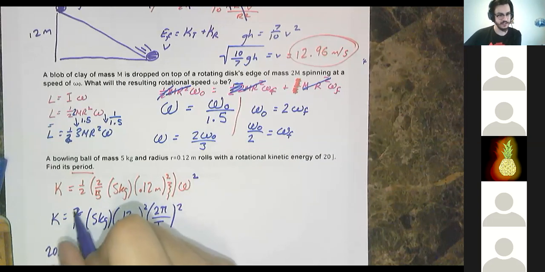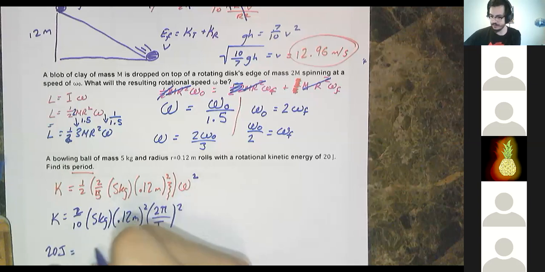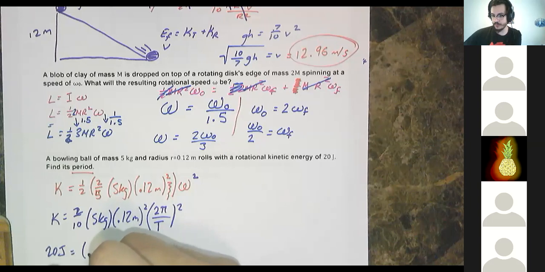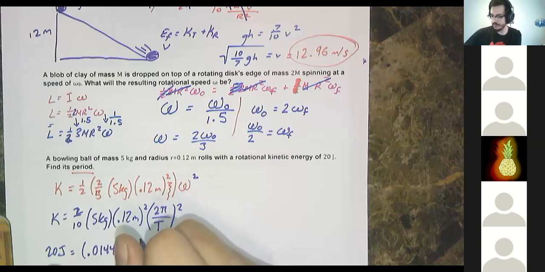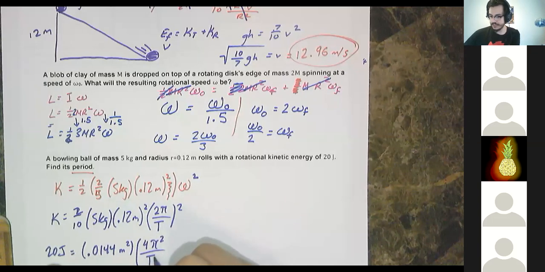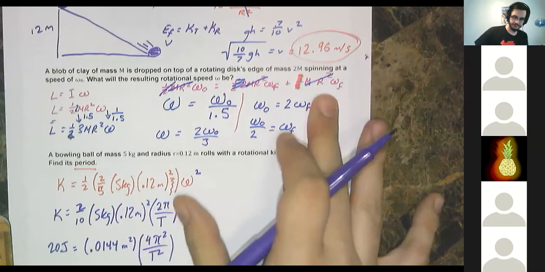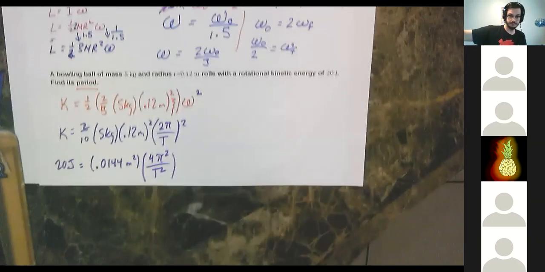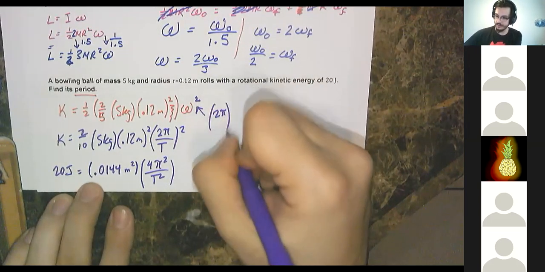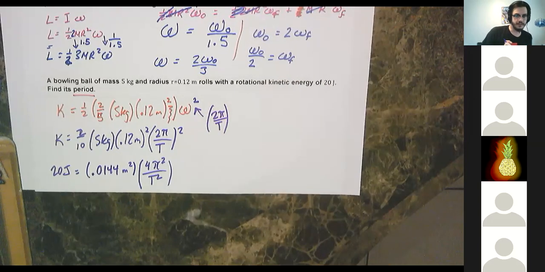2 times 5 is 10. 10 over 10 is 1. 0.12 times 0.12 would be 0.0144. Two squared is 4, pi squared is 5 pi squared. T squared is T squared. And again, this is done by plugging that in for our velocity.